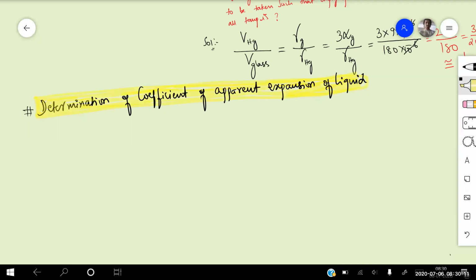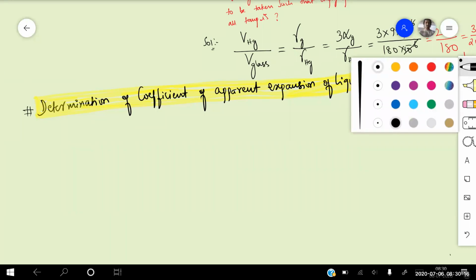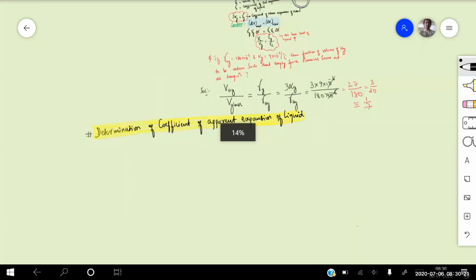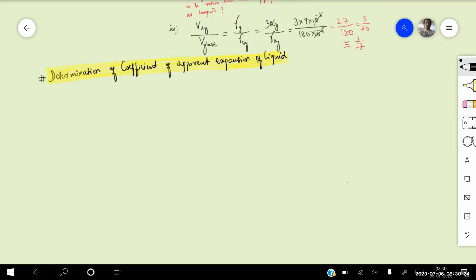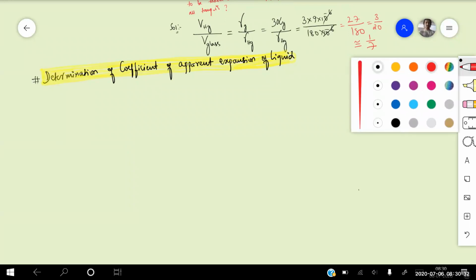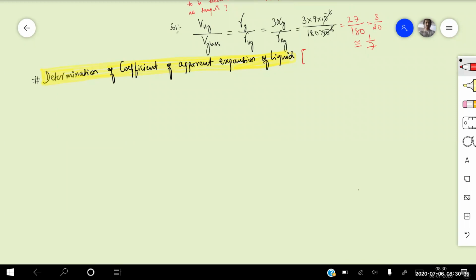Okay, determination of coefficient of apparent expansion of a liquid. I'll write in the bracket with the red pen: specific gravity bottle method.